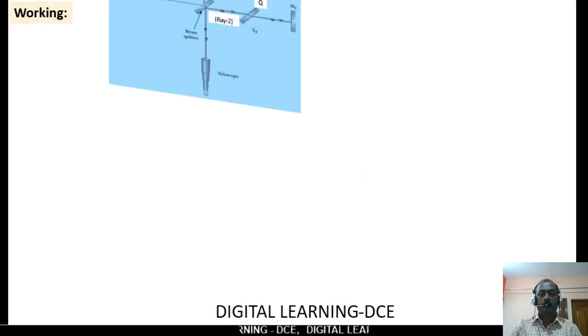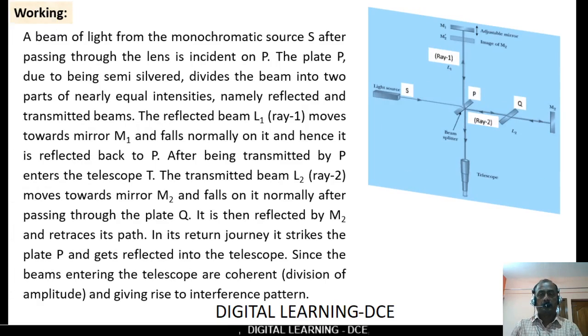Let us see how it works. A beam of light from the monochromatic source S, after passing through the lens, is incident on the glass plate P. The plate P, being semi-silvered, divides the beam into two parts of nearly equal intensities, namely reflected and transmitted beams.